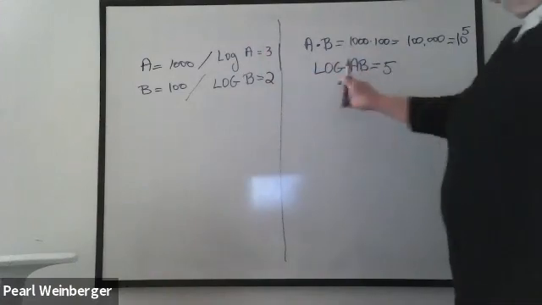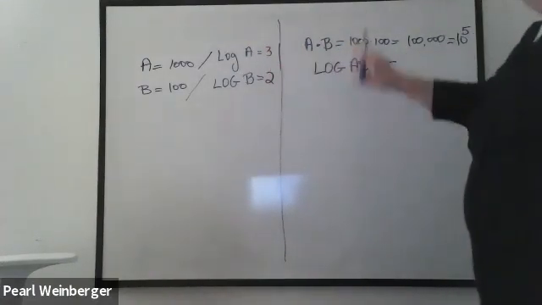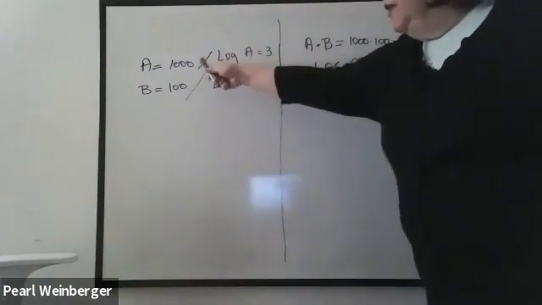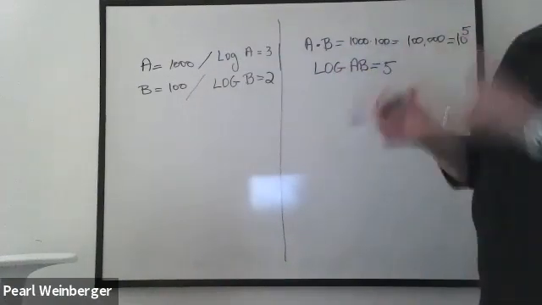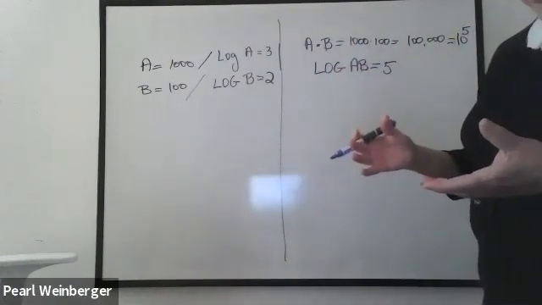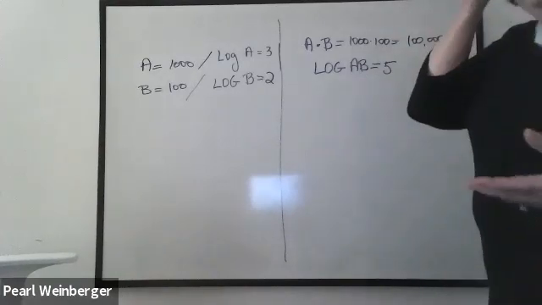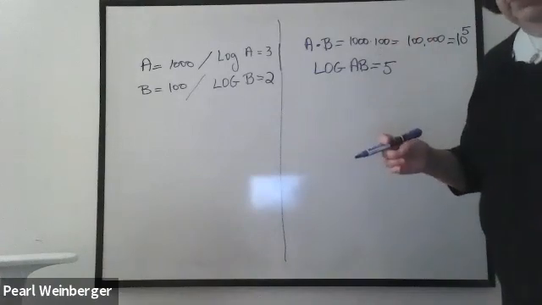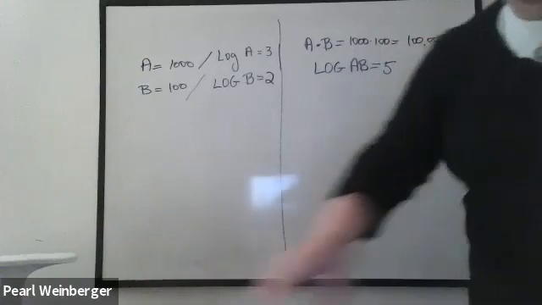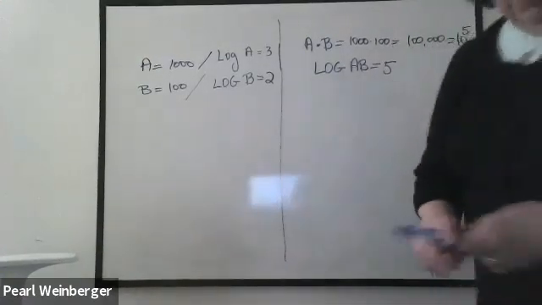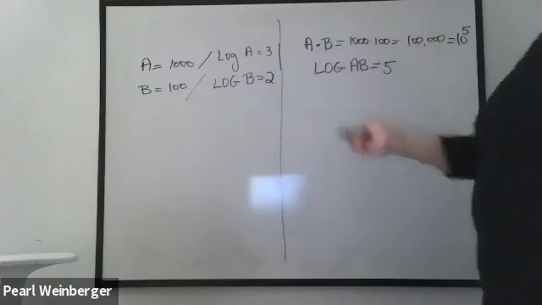But we see we didn't multiply their logs. We actually added them. We multiplied the numbers, 1,000 times 100, but when it came to the logs, we were adding them. If we think about logs being exponents, then it makes sense, because when you multiply numbers, you add their exponents, and the logs are exponents.